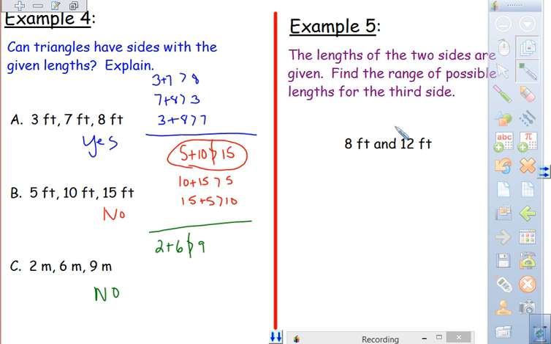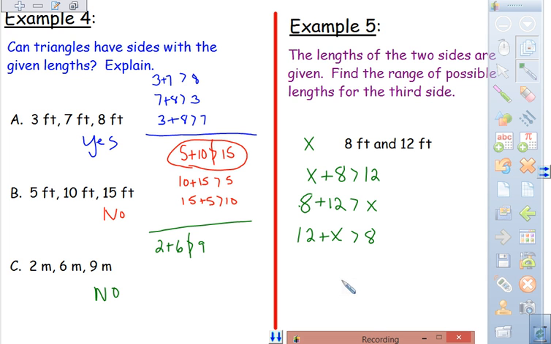Over here on the right, the lengths of two sides are given. Find the range of possible lengths for the third side. So we're going to be writing an inequality. We'll call that third side x. Our inequalities are x plus 8 has to be greater than 12. 8 plus 12 has to be greater than x.